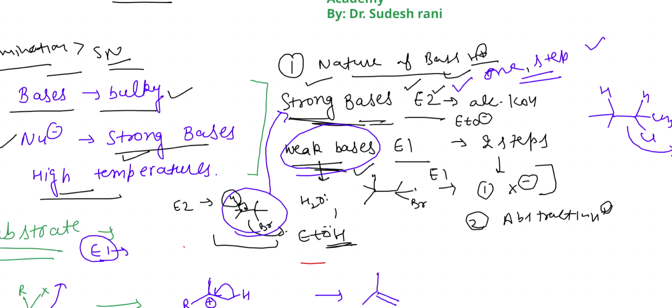Then secondly, it will abstract the proton, because the removal of leaving group facilitates the abstraction of proton. Thus, this is the concept behind the nature of base, how it affects the fate of reaction, either E1 or E2. The second factor is the nature of substrate.